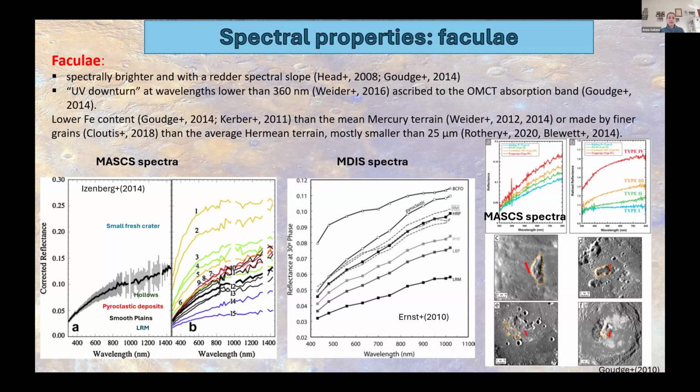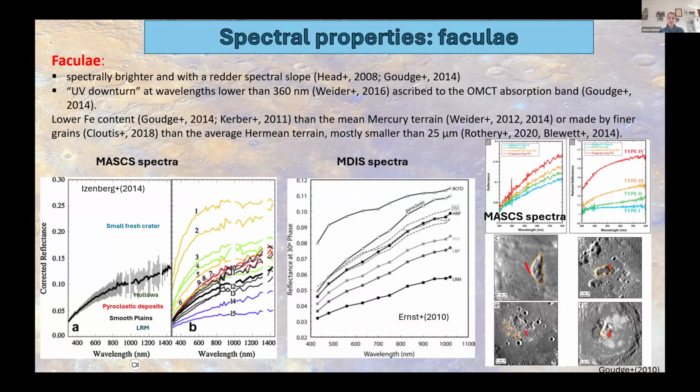And you can observe that on this image, where the red spectra are spectra of some pyroclastic deposits, and the black spectrum with a thicker line is the average spectrum of Mercury. The red spectra of the pyroclastic deposits are brighter, so they have a higher reflectance than the mean one, and with a steeper spectral slope.